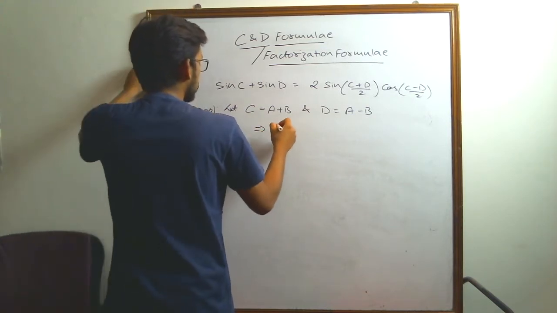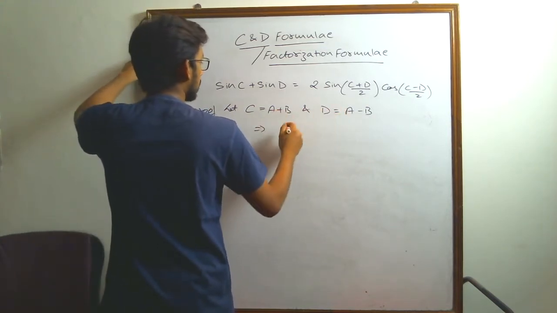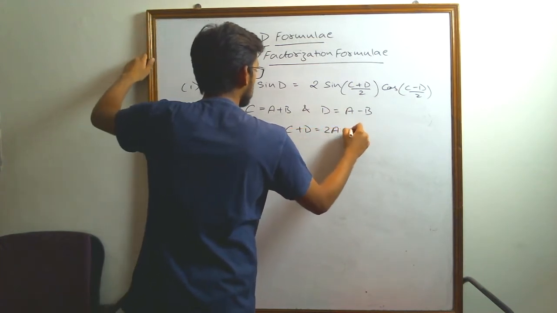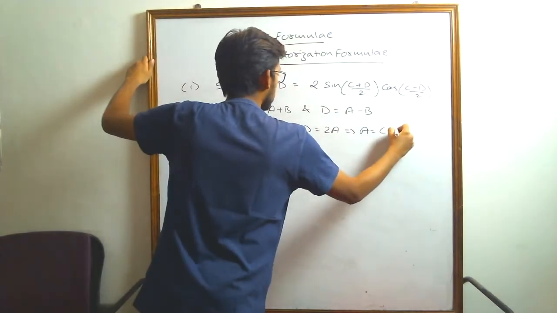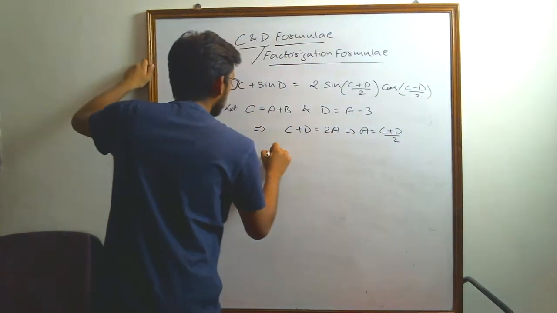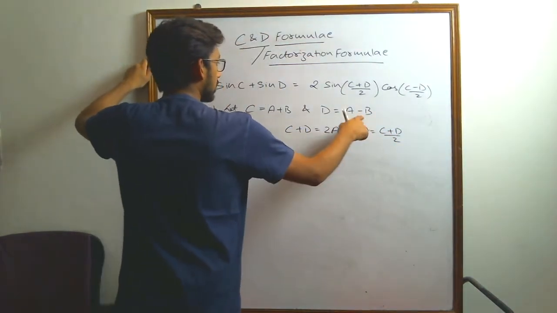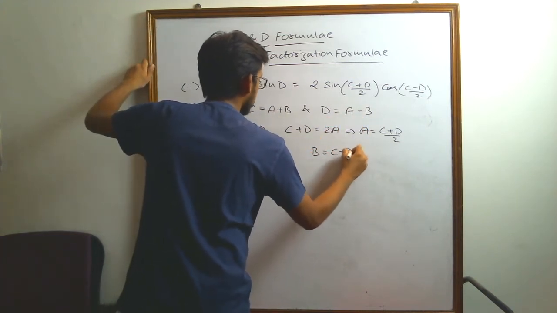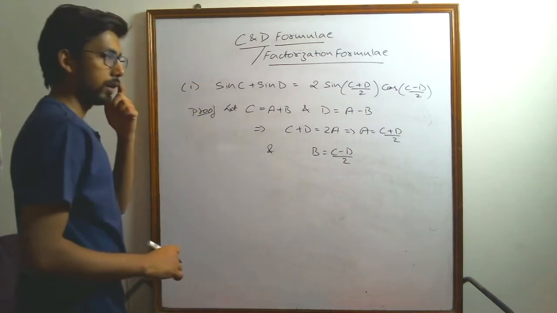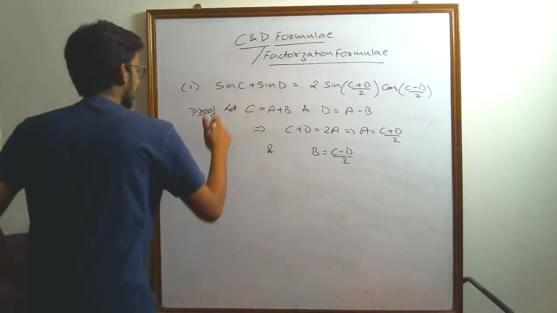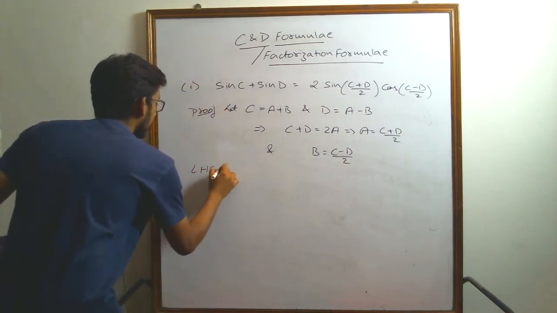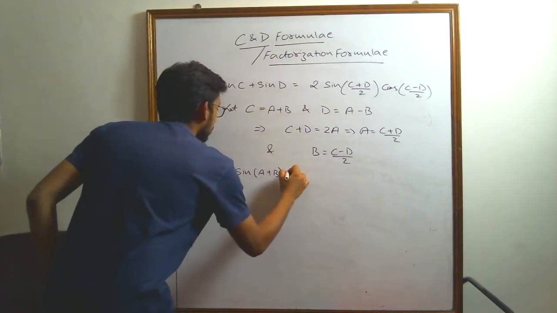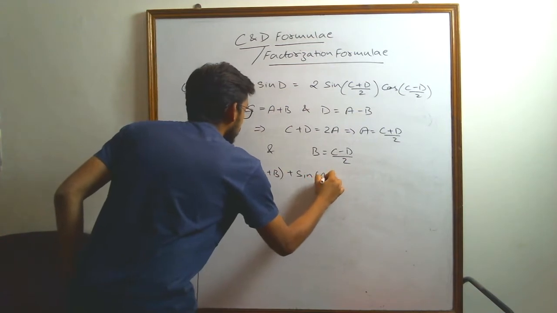After taking this, we can see that if I add these two, I will get C plus D is equal to 2A. That means A is equal to (C plus D) by 2, and if I put that in any of these equations, I will get B is equal to (C minus D) by 2. With this, let's write the LHS. LHS is equal to sine (A plus B) plus sine (A minus B).